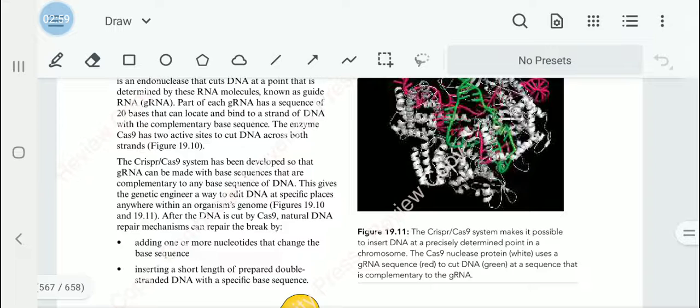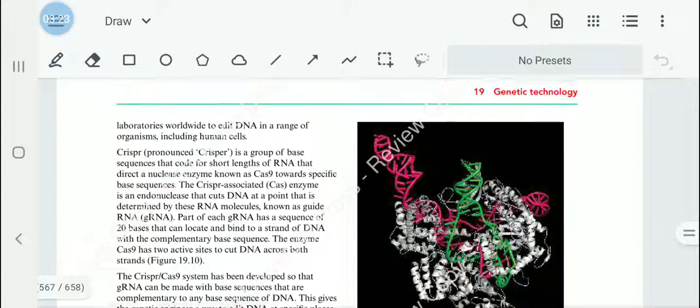the natural DNA repair mechanism can repair the break. This can be done by adding one or more nucleotides that change the base sequence. That means it can add in a short length of prepared double-stranded DNA. You can add a G into that place, but the difference is you know where you are going to add this.